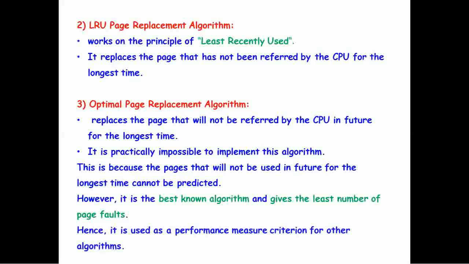However, it's the best known algorithm and it gives the least number of page faults. Hence, this is used as a performance measure criterion for comparing with other algorithms. These are all the 3 page replacement algorithms we have taken for consideration, and based upon these 3 algorithms, we will see how to solve problems.